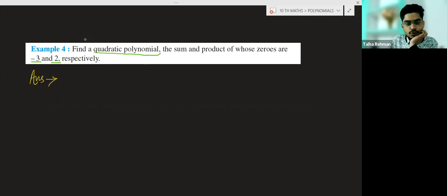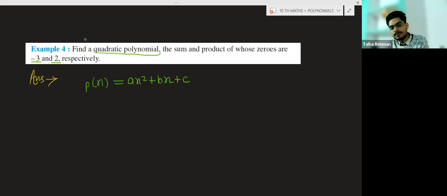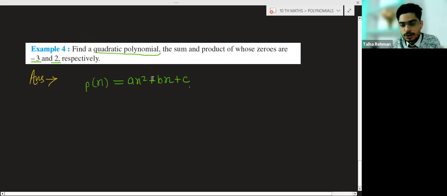So let us assume the quadratic polynomial is this. P(x) is equal to ax square plus bx plus c. Because we do not know what the quadratic polynomial is here, we assumed this polynomial.